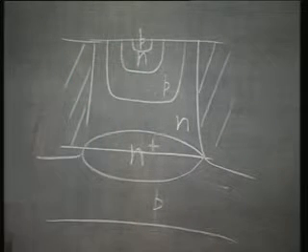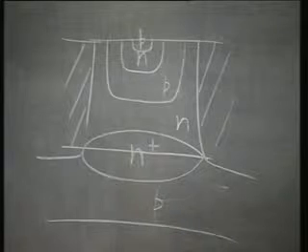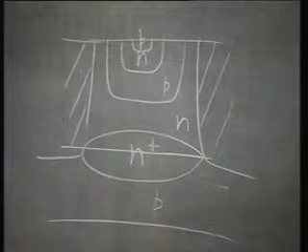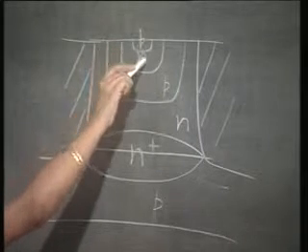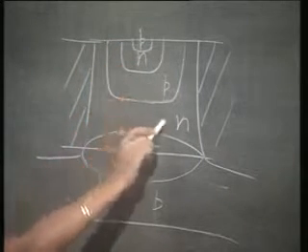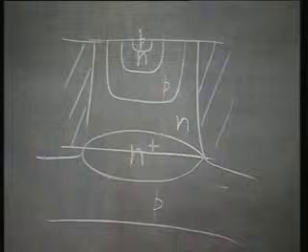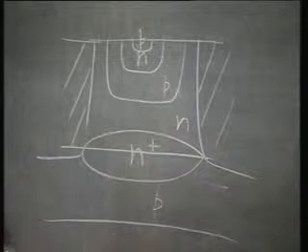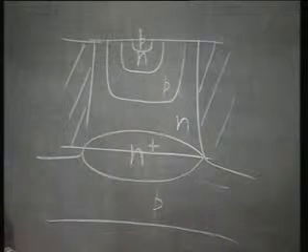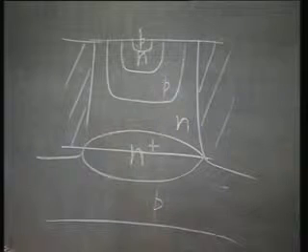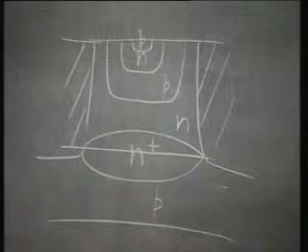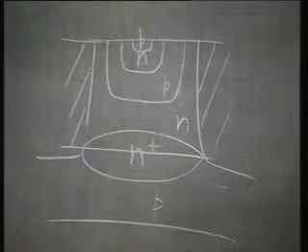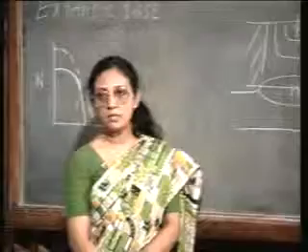You have another P diffusion, and remember that diffusion means this is the highest surface concentration, then this, then this, then this. So, it is going to be extremely difficult to realize a PNP transistor by this 3 successive diffusion process. So, even though this is a possible solution, this is not really feasible.